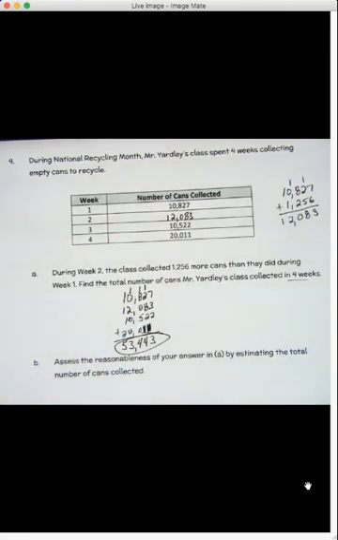Put our comma in the right place. So all together in 4 weeks, they collected 53,443 cans. Oh, but it's not going to let us end there, is it?